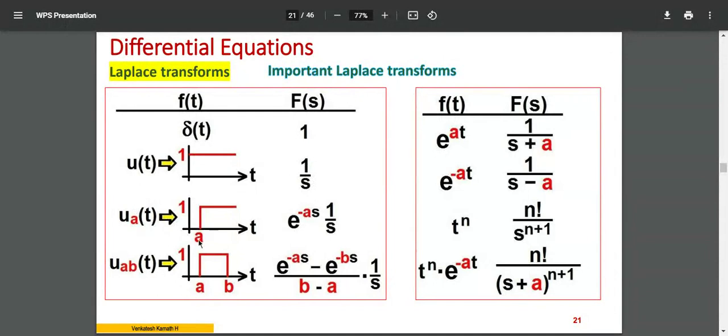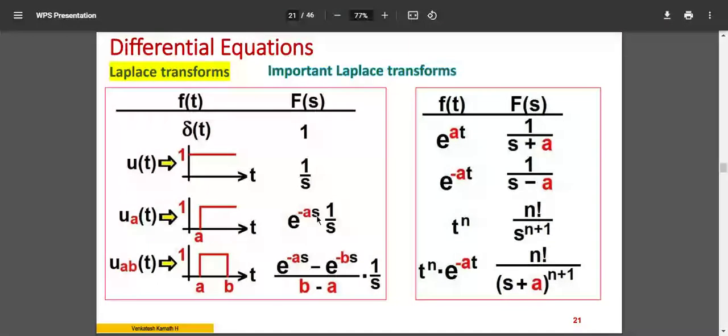Then you have a step input. For some time there is no input at all. After a time of a units elapses, there is a sudden rise. Then the step continues. This is called a step input. For a step input, look at the Laplace transform, how it works. It's called u a of t. Since it occurs at time interval a, you have an exponential term coming into the picture: e power minus a s.